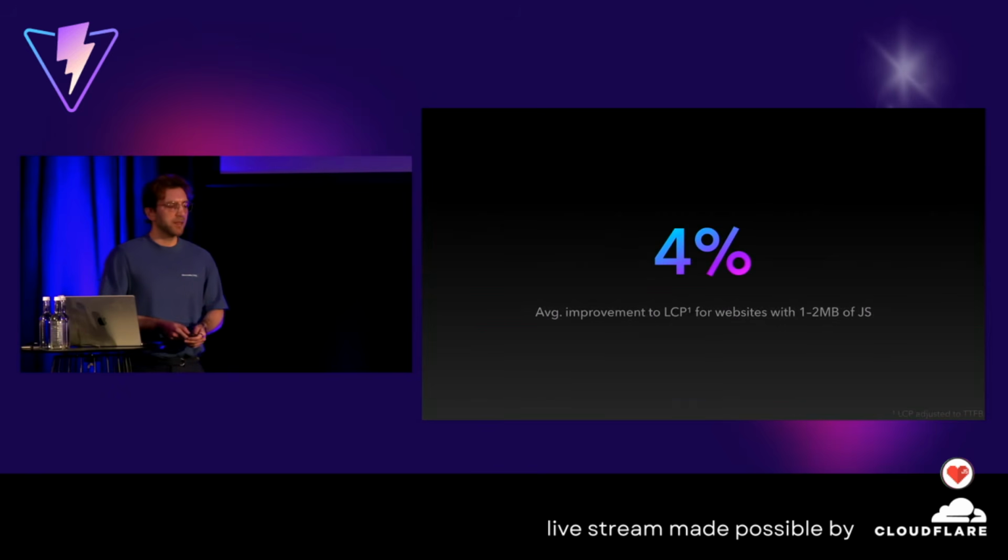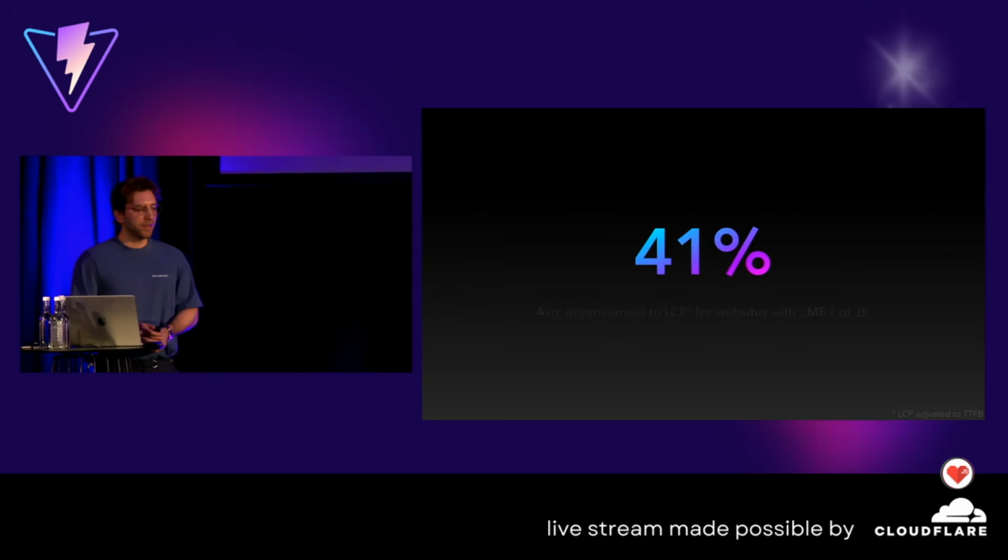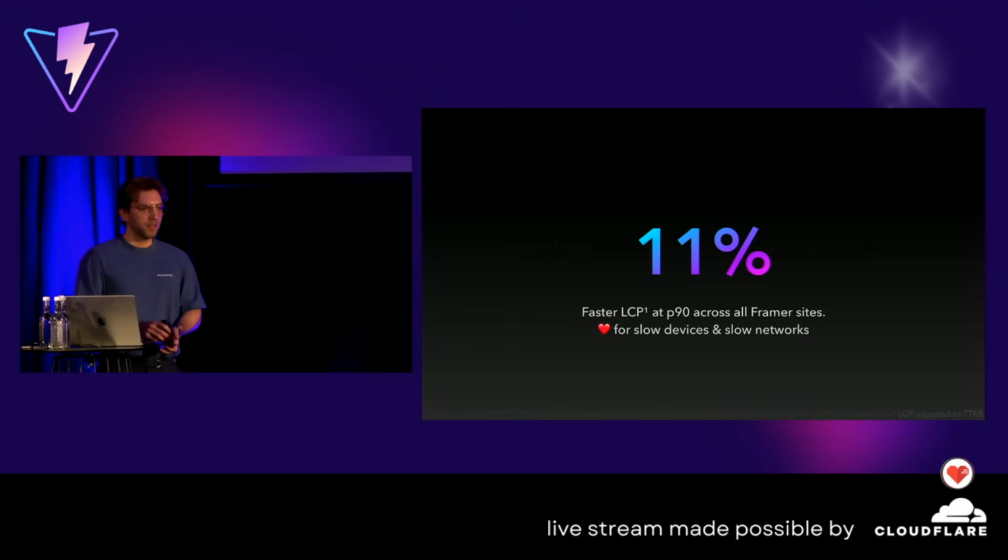And this results in a 4% average improvement to LCP for websites with between 1 and 2 megabytes of JavaScript, and a very high improvement of 41% to LCP for websites with 2 or more megabytes of JavaScript. And finally, we found 11% faster LCP at P90 across all Framer sites. And P90 means we gave a little love to slow devices and slow networks.